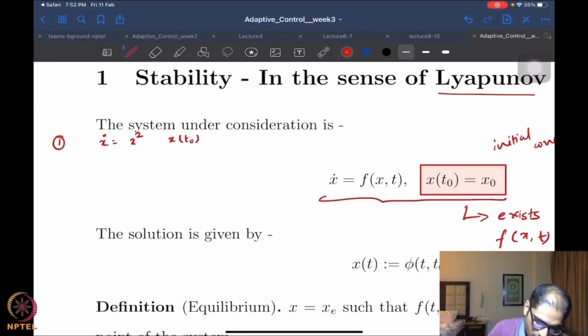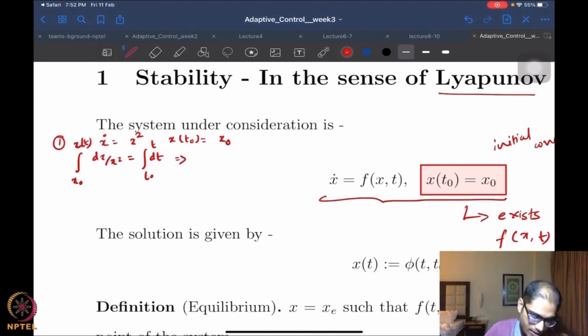We of course give an initial condition. If I try to solve this system, what do I get? I get dx over x squared equals dt, and I integrate from t0 to t on both sides, and on the left hand side from x0 to x of t. What do I get here?